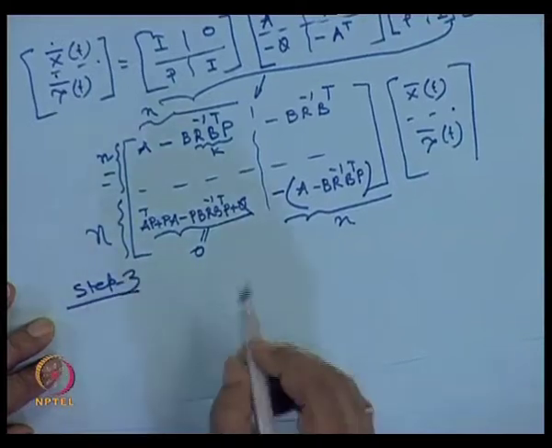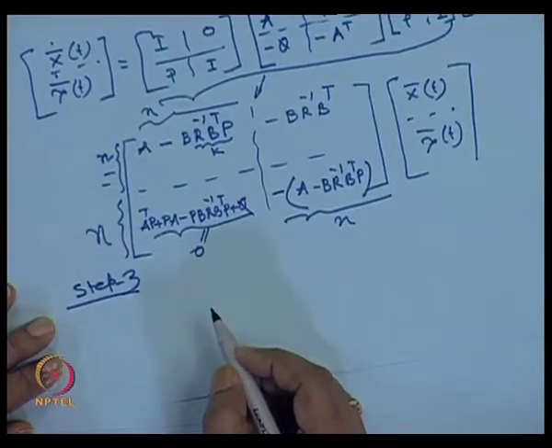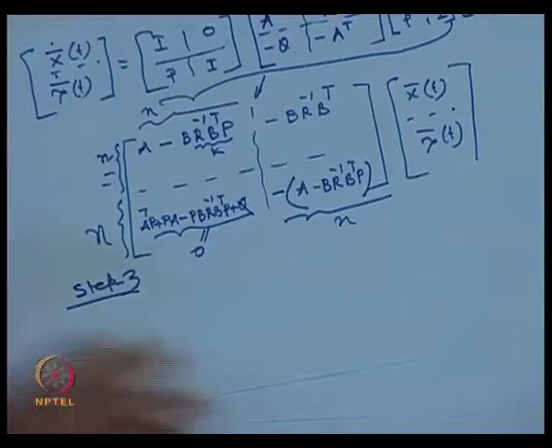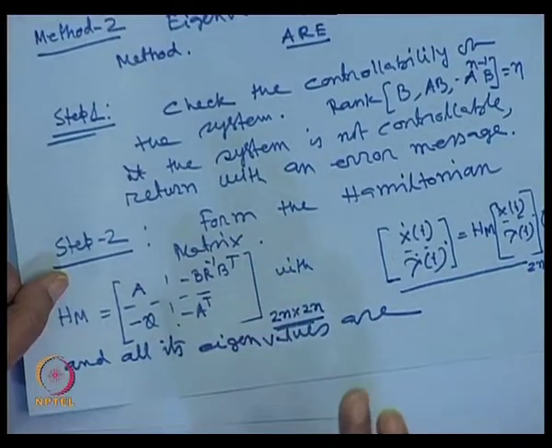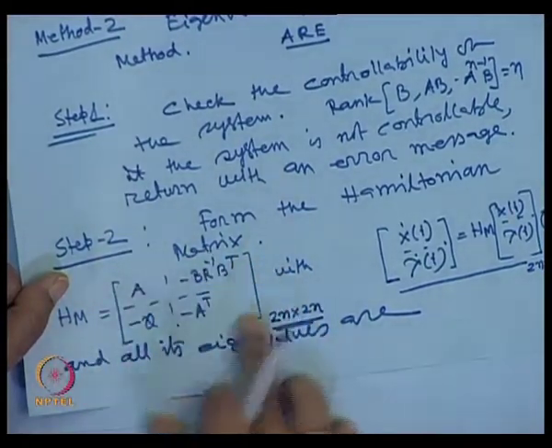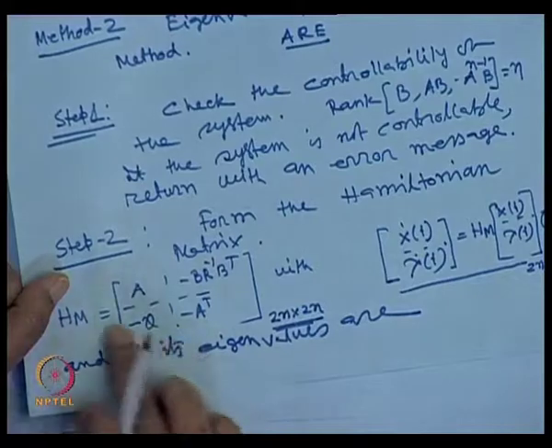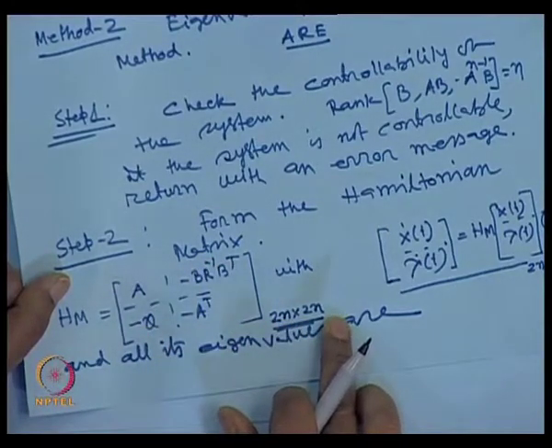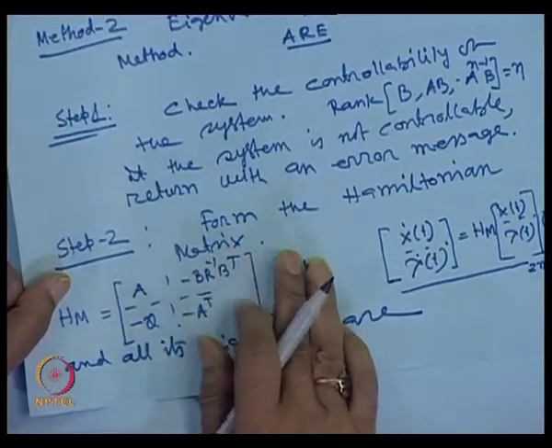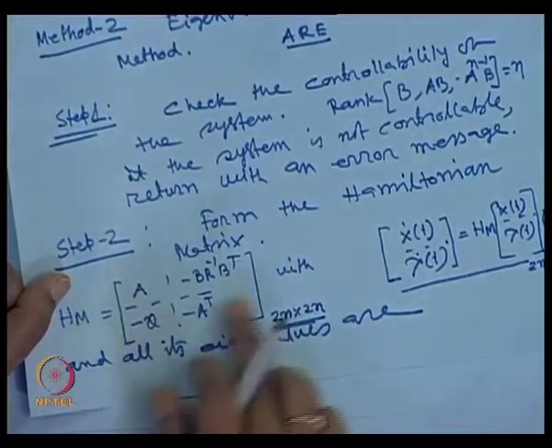Step 3, find the eigenvectors of the Hamiltonian matrix corresponding to the stable eigenvalues. I repeat once again, find the eigenvectors of the Hamiltonian matrix whose dimension is 2n cross 2n. You find the eigenvector corresponding to the stable eigenvalues of Hm.